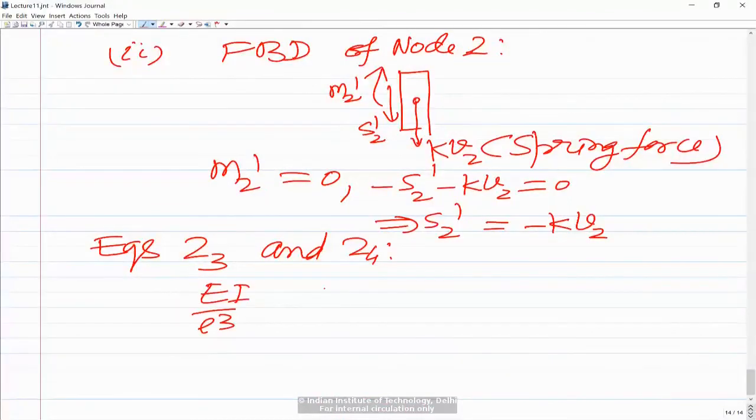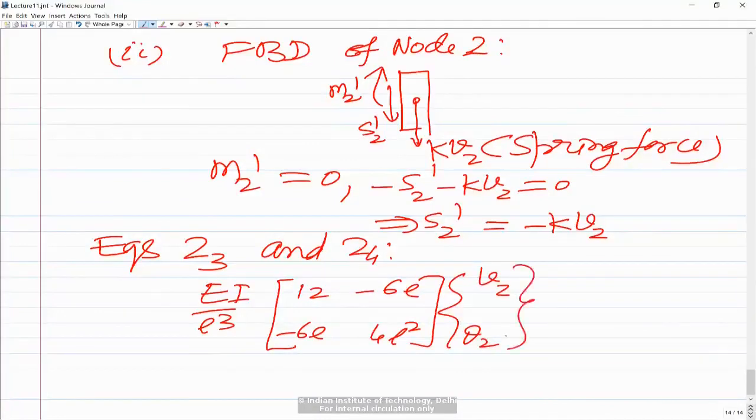We are taking the third row and fourth row. Since V1 and theta 1 are 0, they do not contribute. So we'll have 12, minus 6L, minus 6L and 4L square. And this side we have V2 and theta 2.